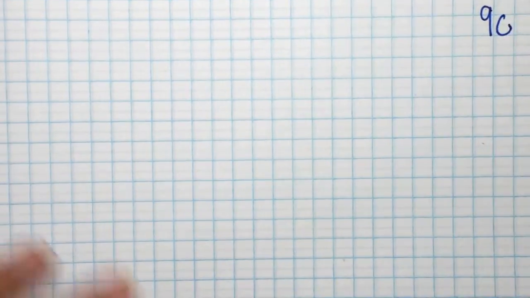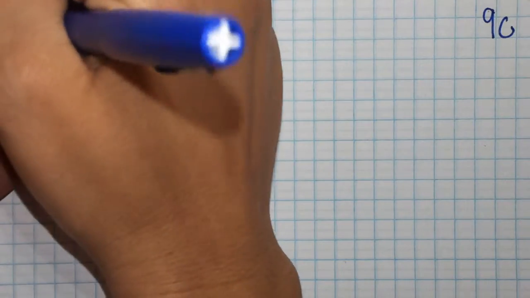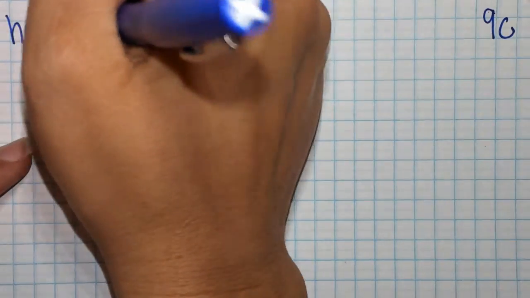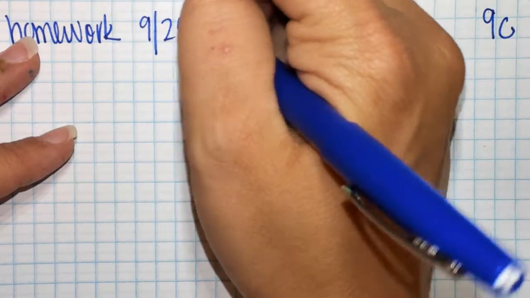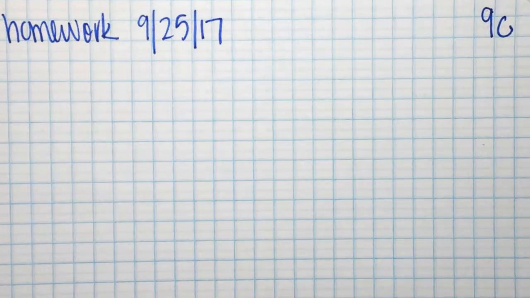And I'm going to write this on 9C over here. Even though I have room on 9B, I want us to have plenty of room to work out our problems for tonight. So this is going on 9C. And we're going to write homework, 9/25/17.